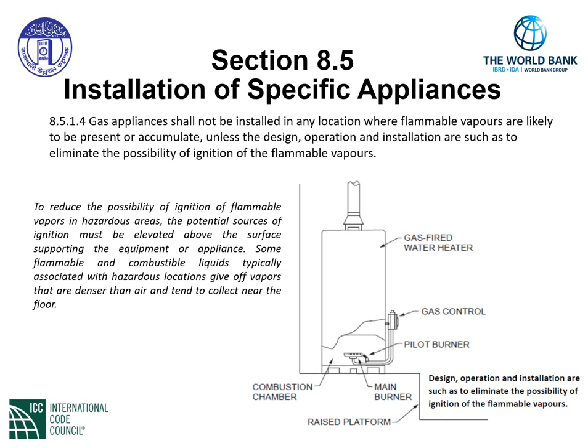In order to reduce the possibility of ignition of flammable vapors in hazardous areas, the potential sources of ignition must be evaluated and be elevated above the surface supporting the equipment or the appliance. We need to get it up higher so any source of ignition, such as a pilot burner, a spark igniter, or a gas burner, does not ignite any vapors, as we mentioned.